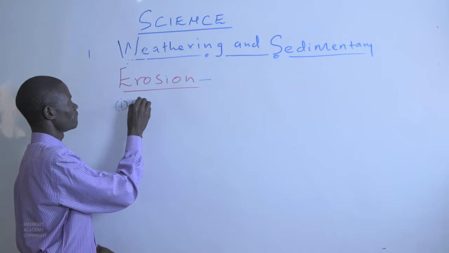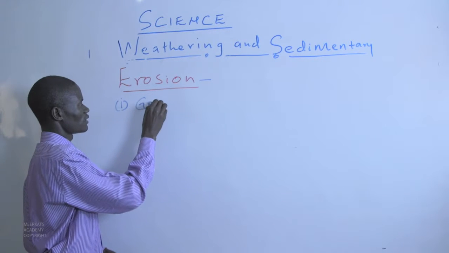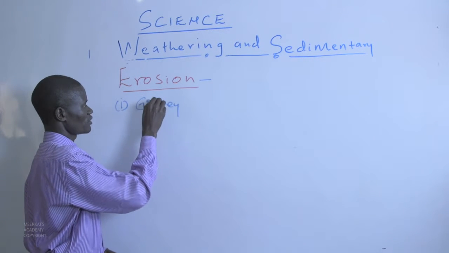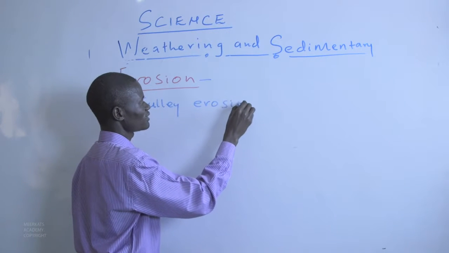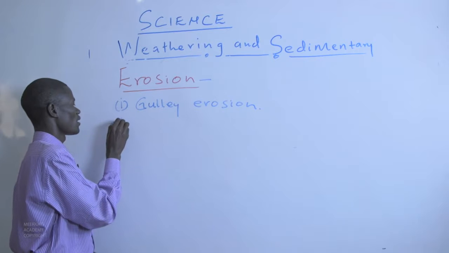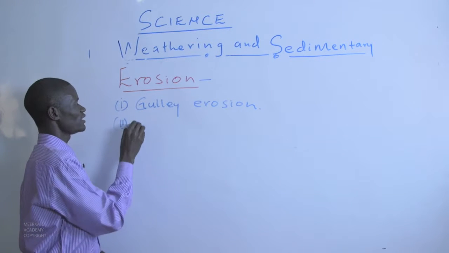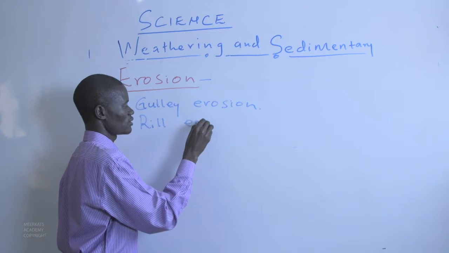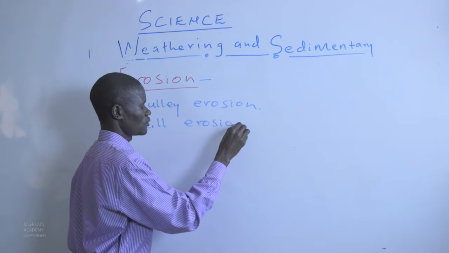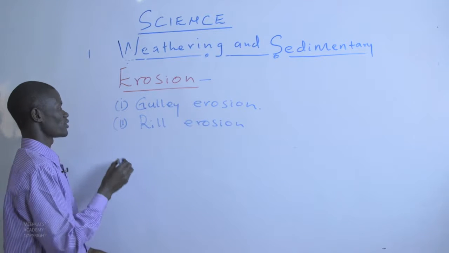We have gully erosion, the one that happens in the gullies. And then we have rill erosion.